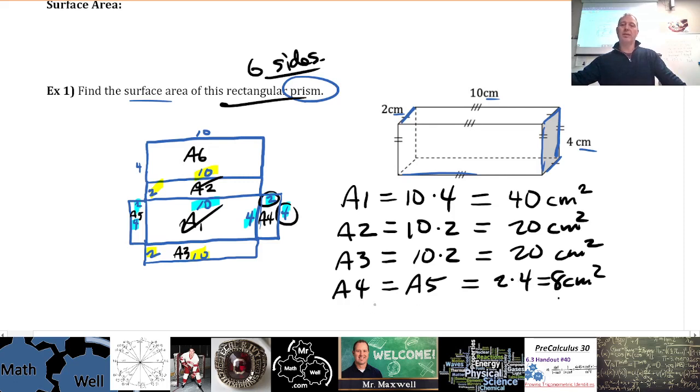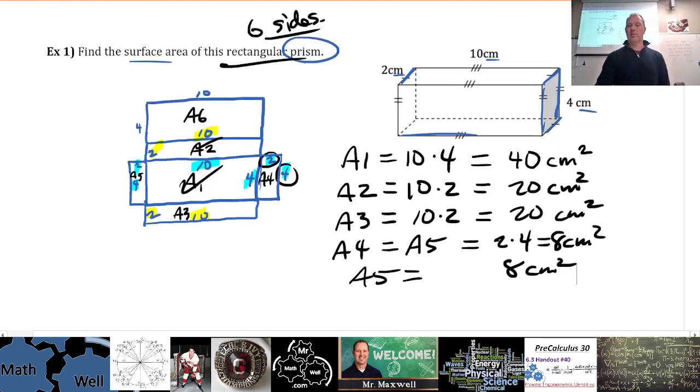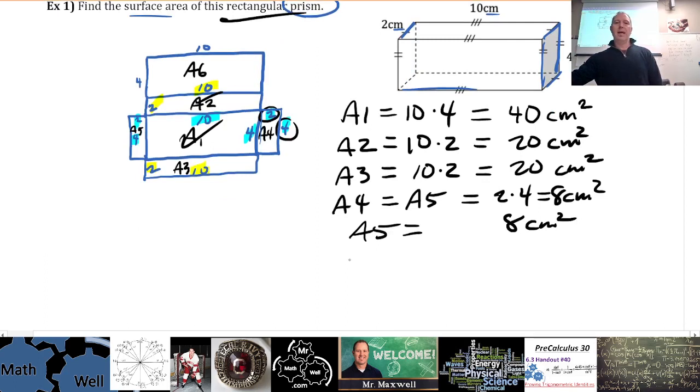So A4 is 8 centimeters squared. A5 is also 8 centimeters squared. So please, if you do this, you show your work once, I'm okay with that. But make sure you count this twice. Okay? And A6, we did see was the same as A1. So let's write this out. 10 times 4 is 40 centimeters squared.